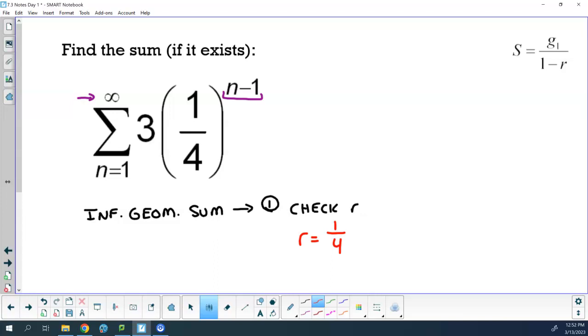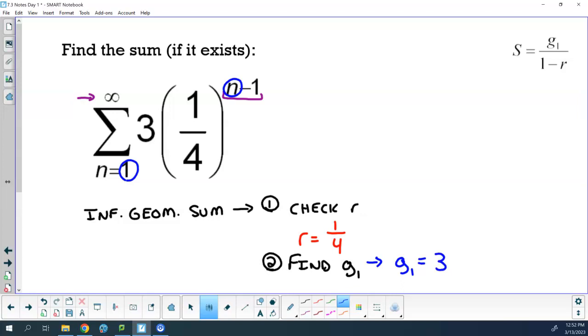My first term, G sub 1: I'm going to take 1 and plug it into my rule. 1 minus 1 is 0. 1/4 to the 0 power is 1, times 3 is 3.